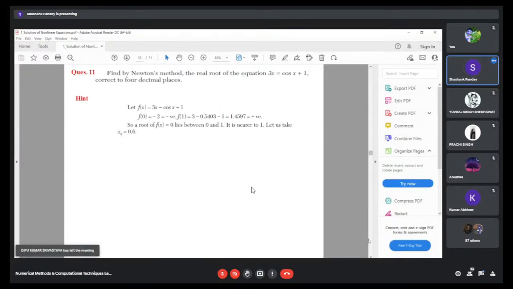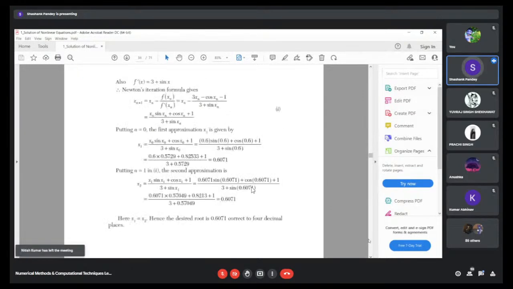If we compute this x naught, it turns out to be 0.6, and the value of the derivative of the function is given here. We will use the Newton iteration formula and substitute the value of x naught as 0.6 to get the value of x1 as 0.6071.